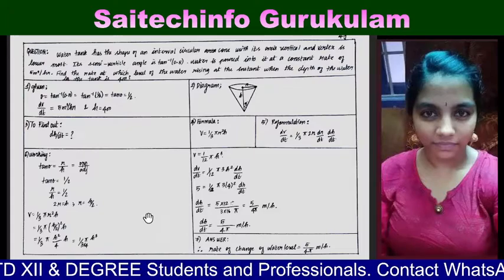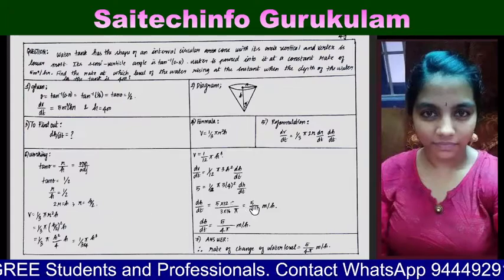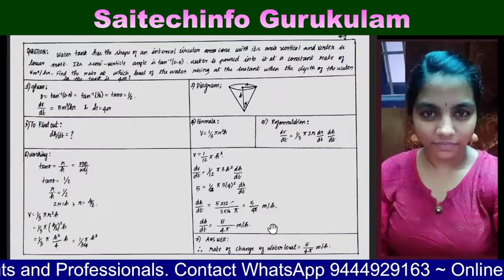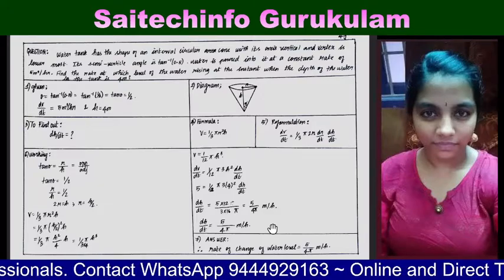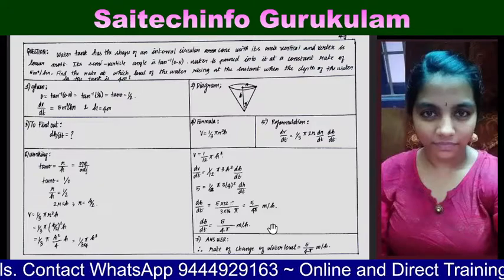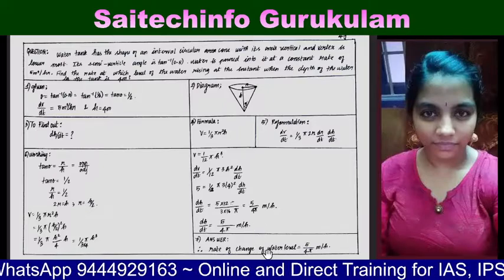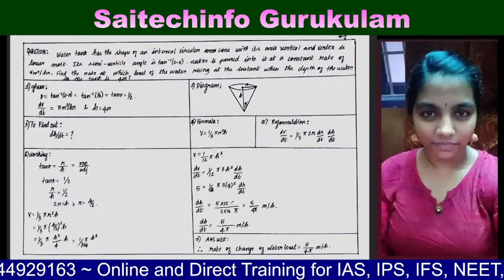We need to find dh by dt. So arranging in that order, dh by dt is equal to 5 into 12 by 3 into 16 pi. On further simplification, we get 5 by 4 pi meter per hour. So dh by dt is equal to 5 by 4 pi meter per hour. Therefore, the rate of change of water level is 5 by 4 pi meter per hour.